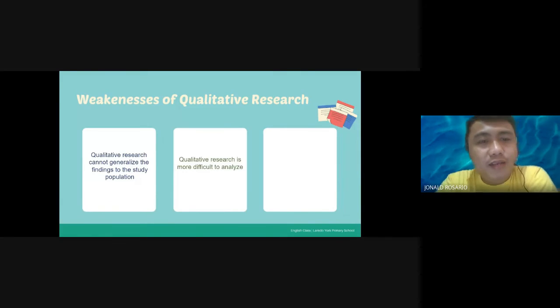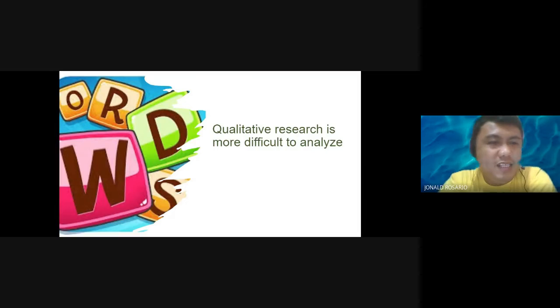Okay. Qualitative research is more difficult to analyze. Why? Because it's really difficult for us to analyze words, no? To analyze narratives, mga sentences, mga phrases. It's more difficult for us to generate themes out of those responses that are in words. Unlike in quantitative research, which deals with numeric data, yung mga numbers, can be interpreted using statistical tools.